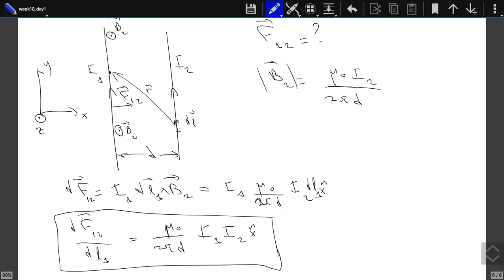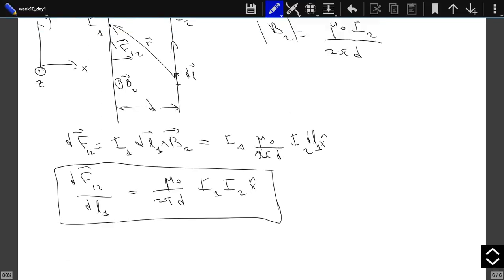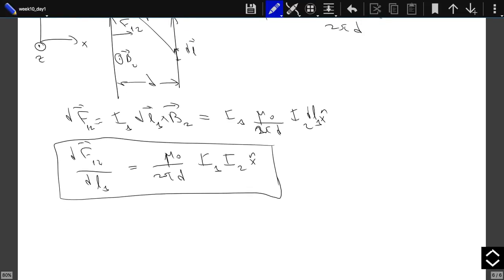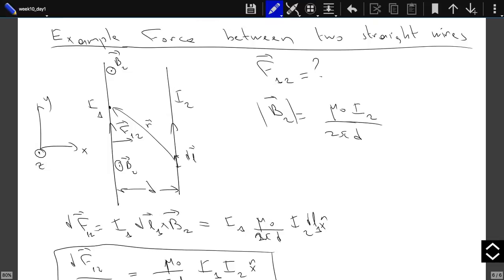Now let's do it the other way around. The force acting on the second wire due to the first wire. So what is the direction of B1? The magnetic induction created by the first wire at the position of the second wire.